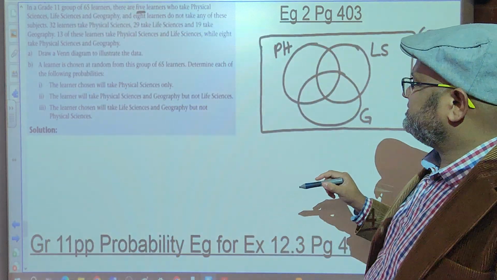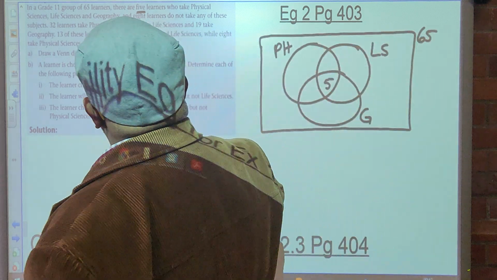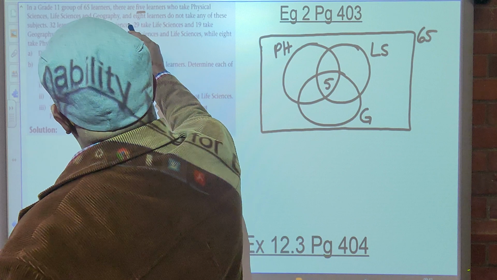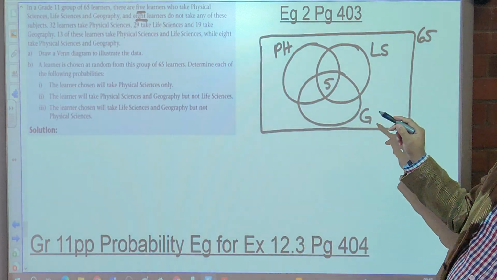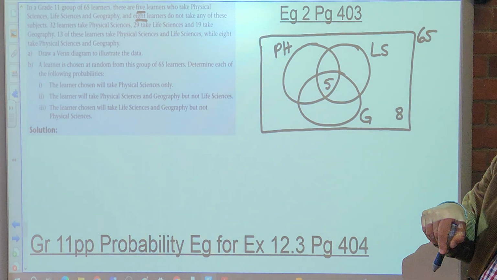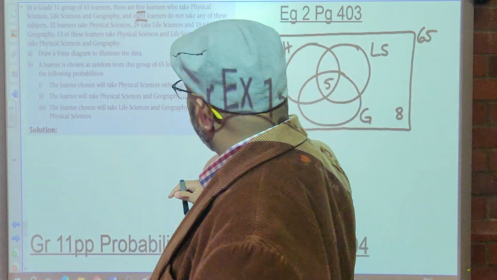In the middle. And 8 learners do not take any of these subjects. So where does that 8 go? On the outside. Am I moving too fast? Jordan, you okay, my girl?